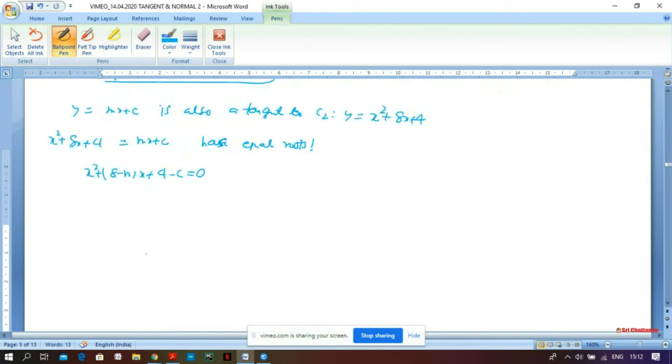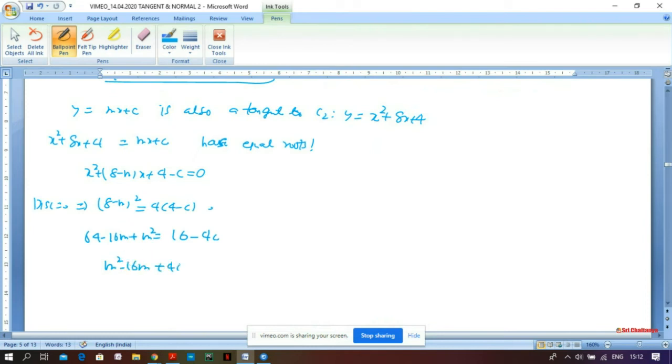And if I do that, then I will get again discriminant is 0, which gives b squared is 4 times (4 minus c). And so you will get, expanding, 64 minus 16m plus m squared is 16 minus 4c. So m squared minus 16m and then plus 4c and then plus 48 equal to 0.